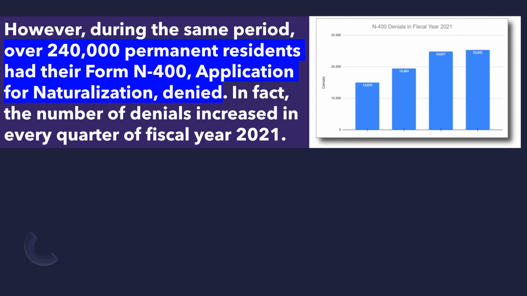However, during the same period, over 240,000 permanent residents had their Form N-400 application for naturalization denied. In fact, the number of denials increased in every quarter of fiscal year 2021.